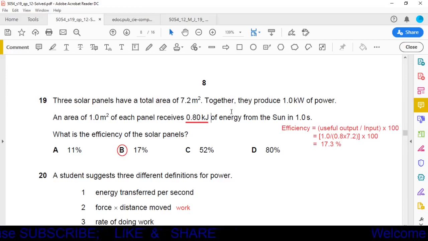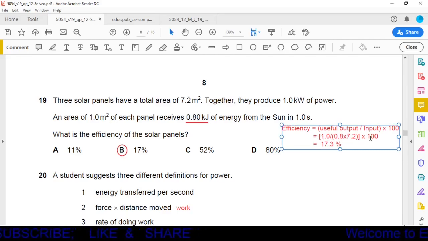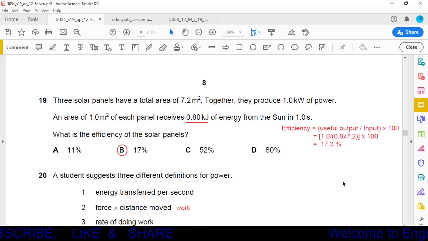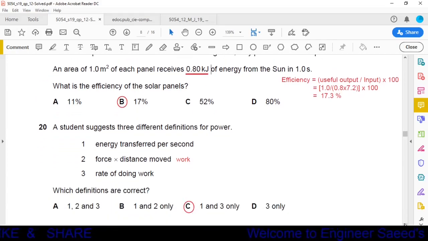Output divided by input multiplied by 100, and we got the answer 17.3%. So we can say efficiency of the solar panel is approximately equal to 17% and the option B is the correct option. So our answer is B.